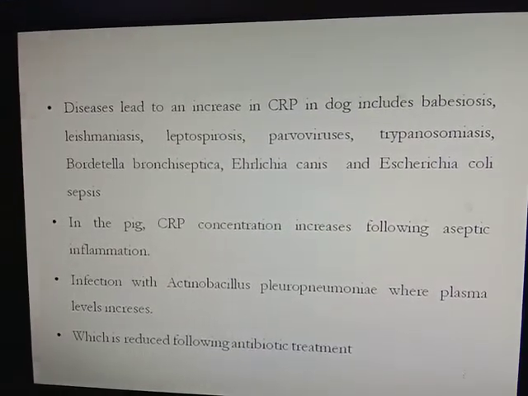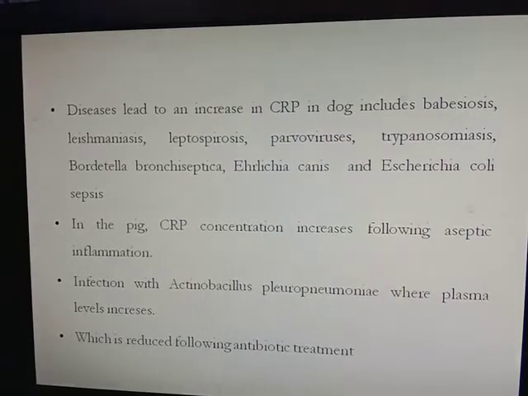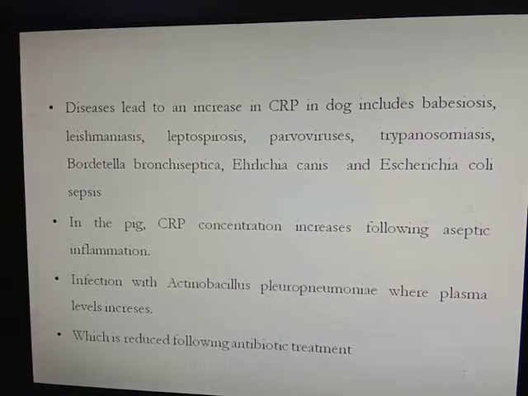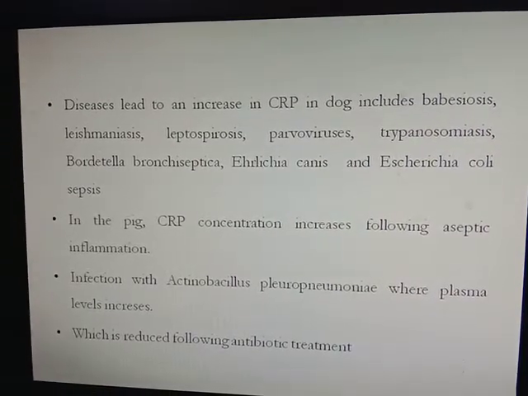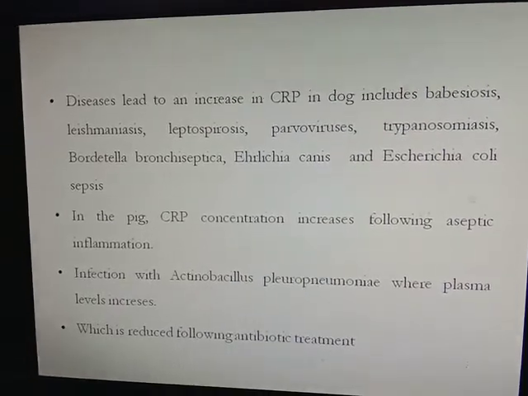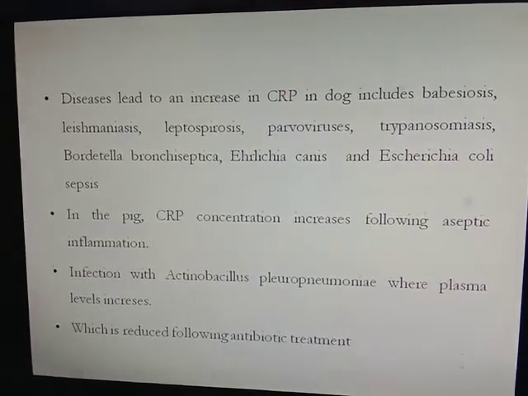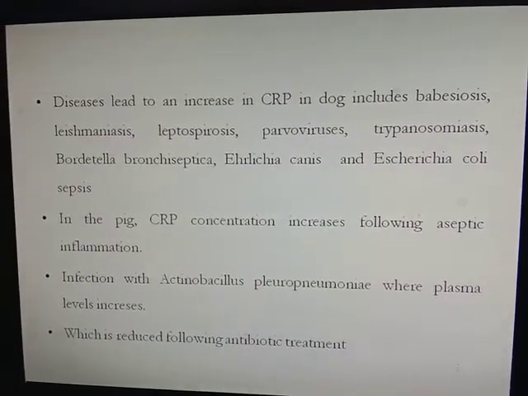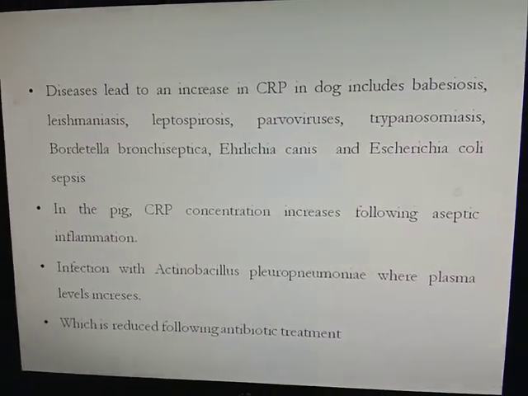In pig, C-reactive protein concentration increases following aseptic inflammation, and with infection with Actinobacillus pleuropneumoniae, where the plasma level is increased. The concentration of C-reactive protein is reduced after antibiotic treatment.